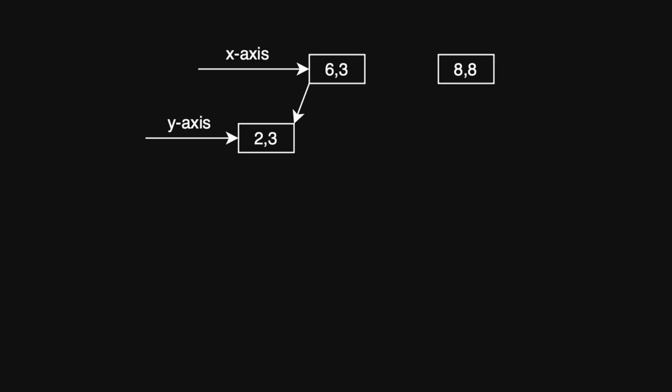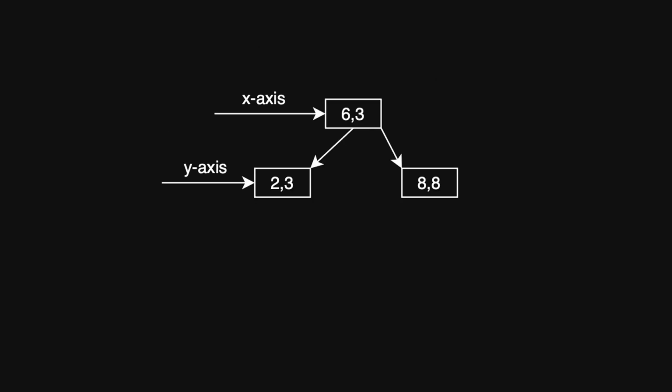They go in rotation. Here we have another point, (8, 8). At first we go through the root node, which splits along the x-axis. We compare 6 to 8, and (8, 8) will go on the right side of the root node.